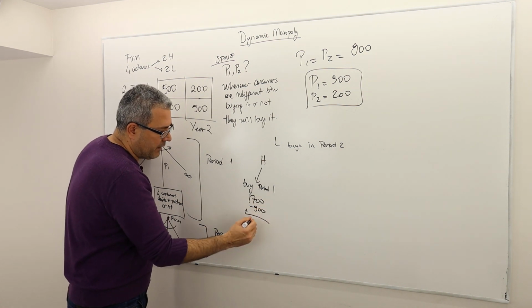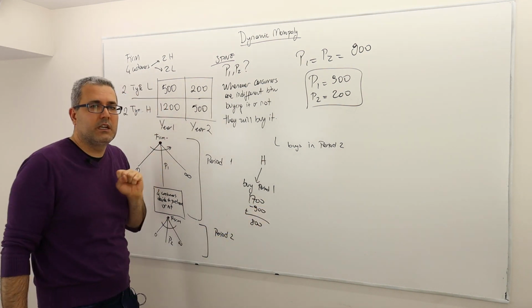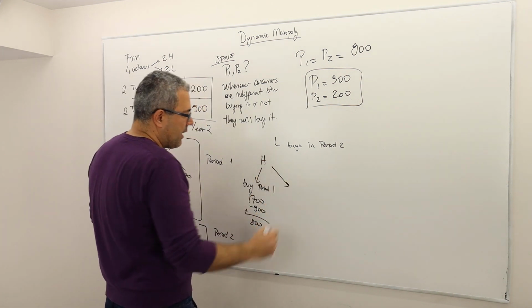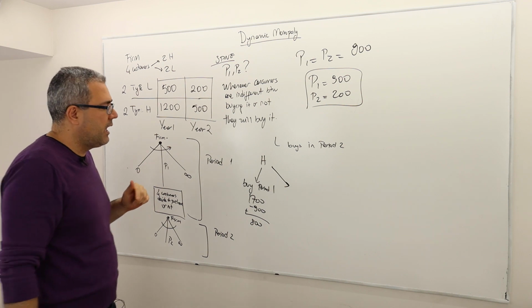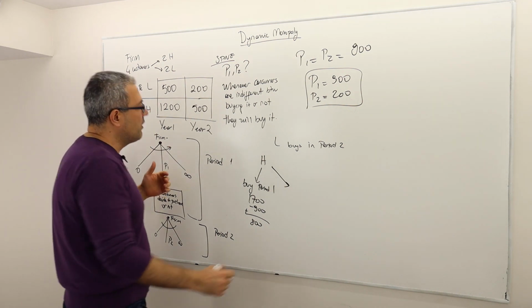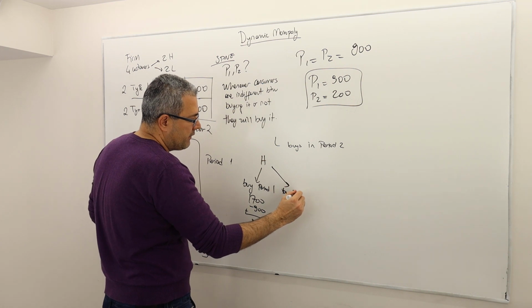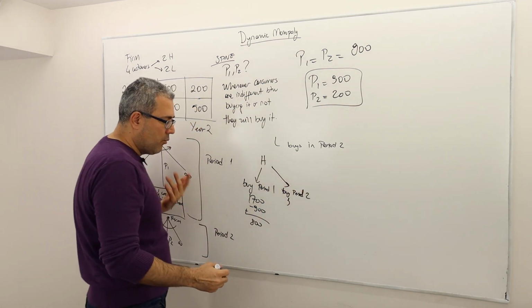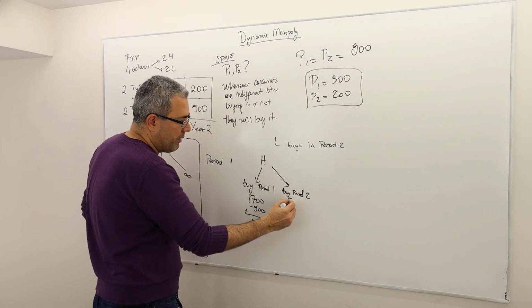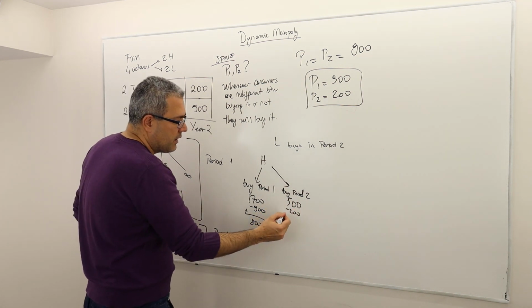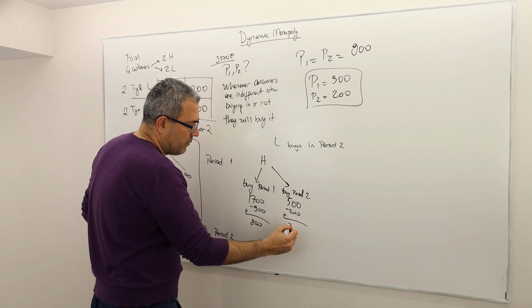So my net benefit is going to be 800. Clear? Yes. However, if I do not buy today and if I wait, what's going to be my benefit? By period 2, I'm going to get benefit 500 and the price is going to be minus 200. So my net benefit is going to be 300.